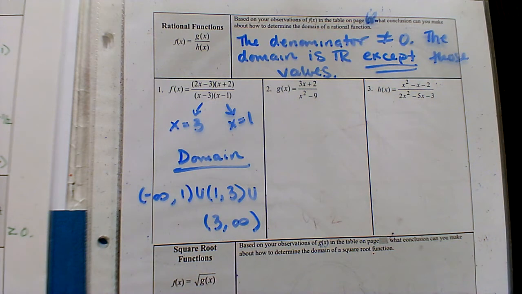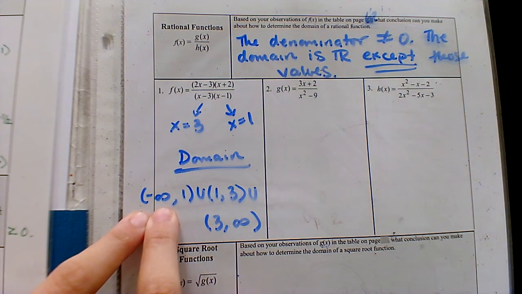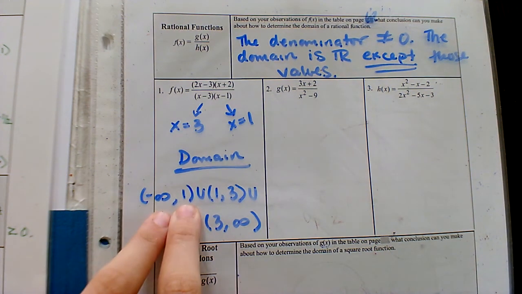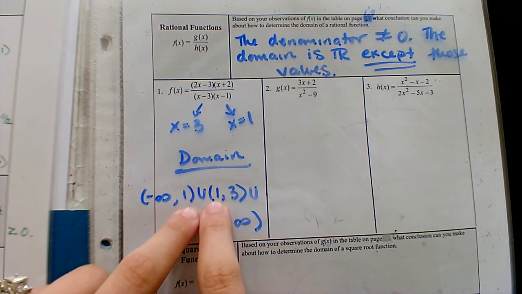So if you think about a number line, negative infinity to positive infinity, we can go all the way to the left, we can go all the way to the right, but we have to skip over 1 and 3 because those are the x values that we said would not work. So we can start at negative infinity, but we'd have to first skip over 1. Notice how that's where this interval ends and the next one begins. And we're using parentheses because we cannot include that value.